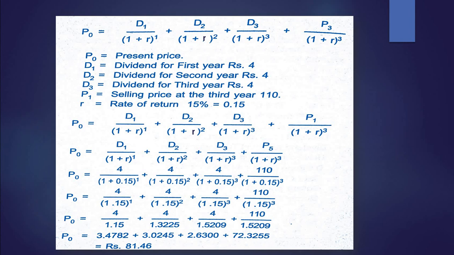So first we got the value as 3.4782, next 3.0245, next 2.6300, plus 72.3255. After adding all these values, we get 81.46. What is that? That is nothing but our present price of the share.